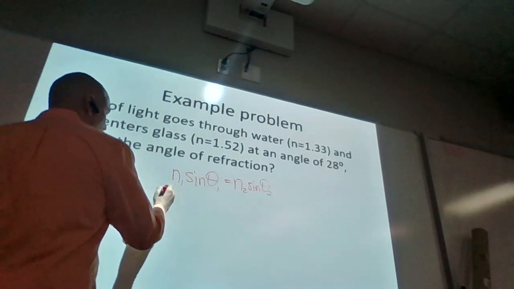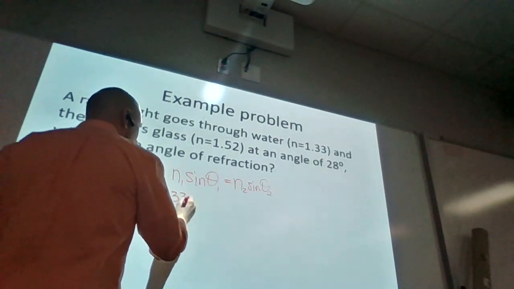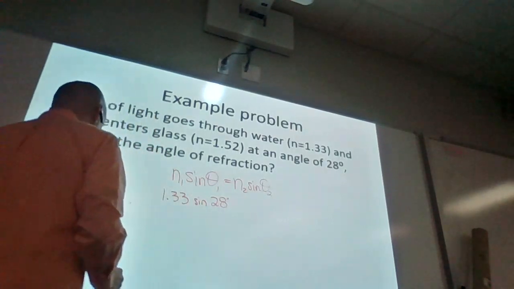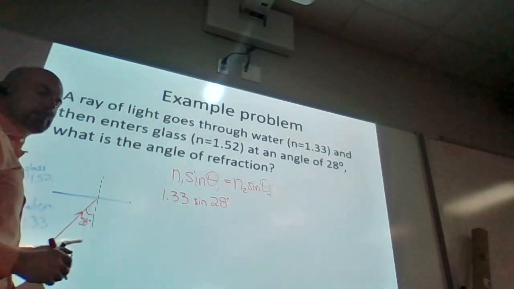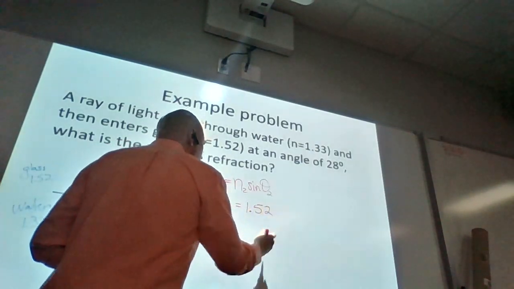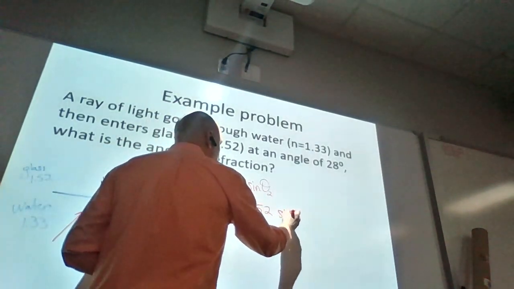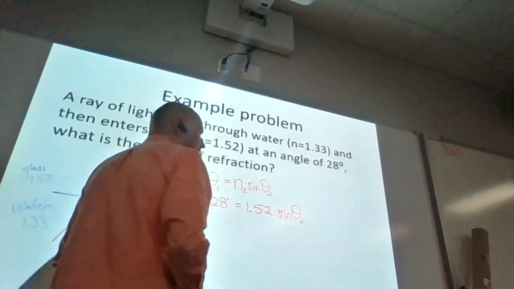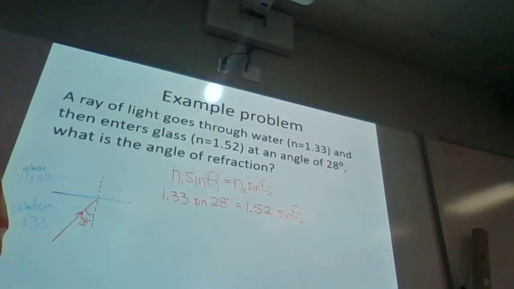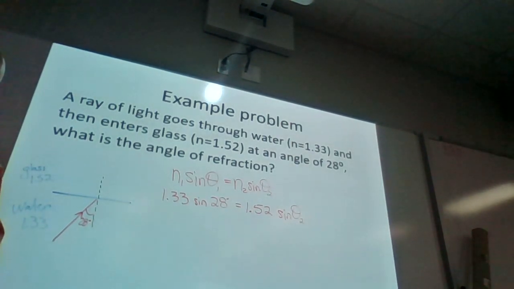So it starts out in water. Angle of incidence is 28 degrees. Ends up in glass. And we're looking for theta 2, the angle of refraction. Make sure you're in degree mode.